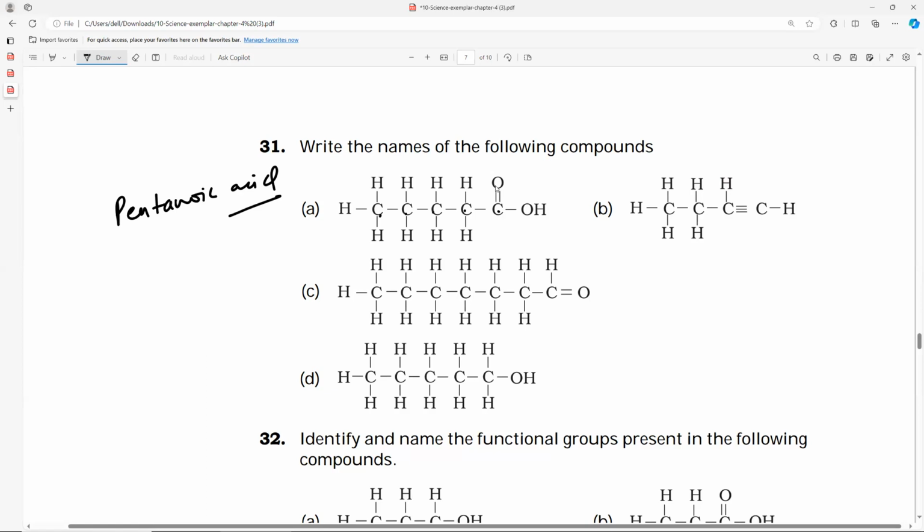This one. But, and then yne. Okay, why butyne? Because there are three carbons between, there is a triple bond between carbon atoms. This one.